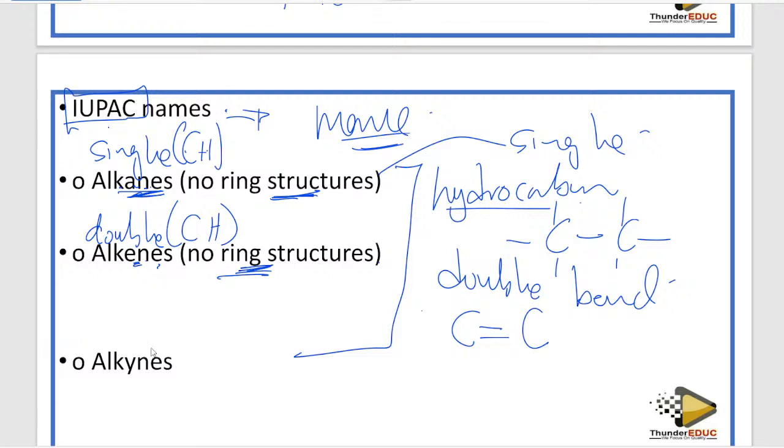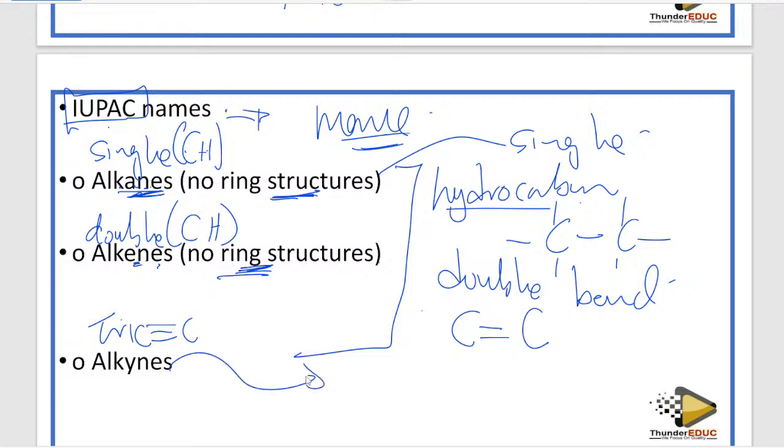Then we go to alkynes. A scientist is always observing. If alkane is single bond, alkene is double bond, what about alkynes? Definitely it is going to be a triple bond. So it means something which has a triple bond, so I will see three bonds in there.